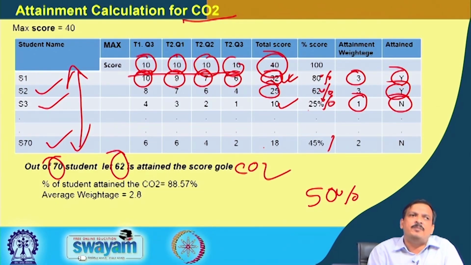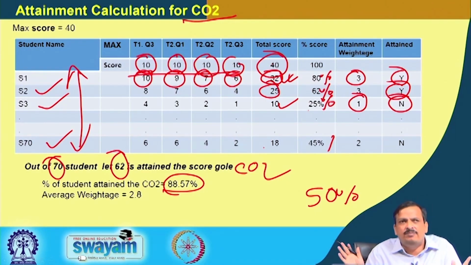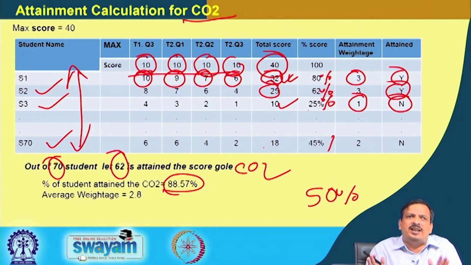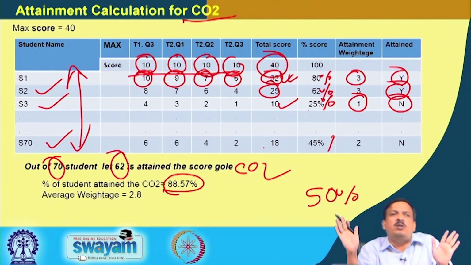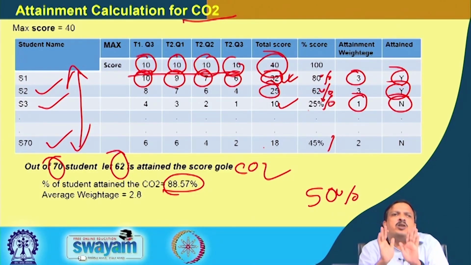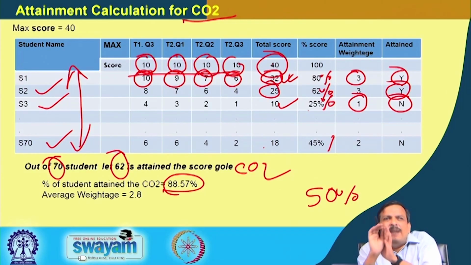Then I can say the percentage of students who attained CO2 is 88.57%, 62 by 70 into 100. Now, if I consider my program 100% successful if 80% of the students attain CO2, then I can say it is above 80%, okay, attainment is done.